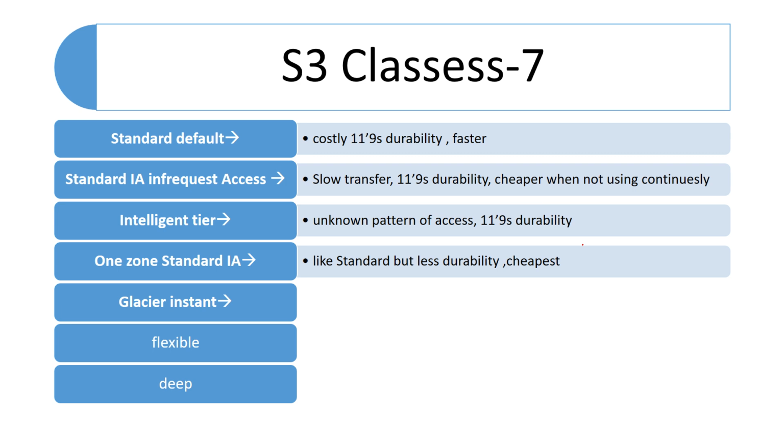Now, what is the next class? If my users are accessing a lot of data, for example, I work for an insurance company that has a lot of customer documents, like KYC, Aadhaar card, passport, PAN card, and filled application forms.